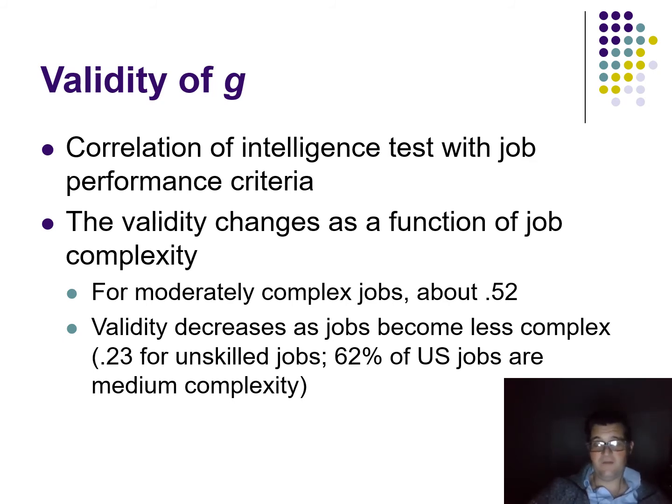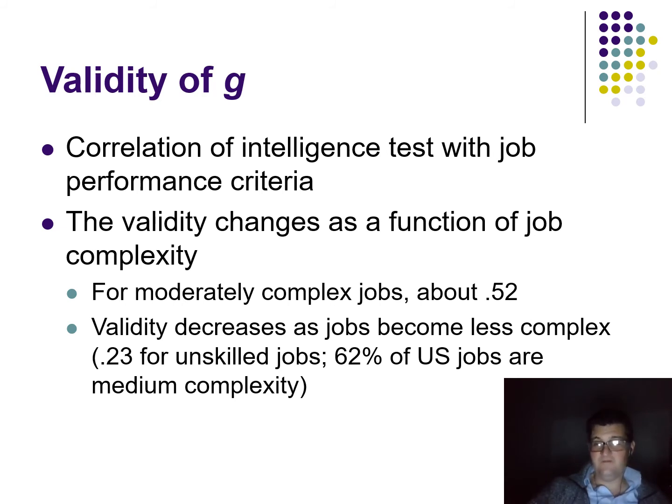But for moderately complex jobs, which most jobs in the developed post-industrial economies that we're talking about, Canada, the United States, Western Europe, East Asia, even most jobs are moderately complex. And it decreases for jobs being less complex.